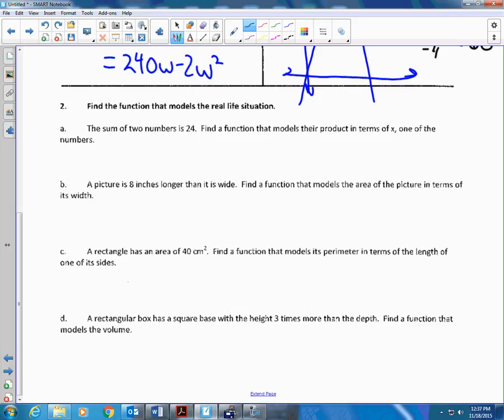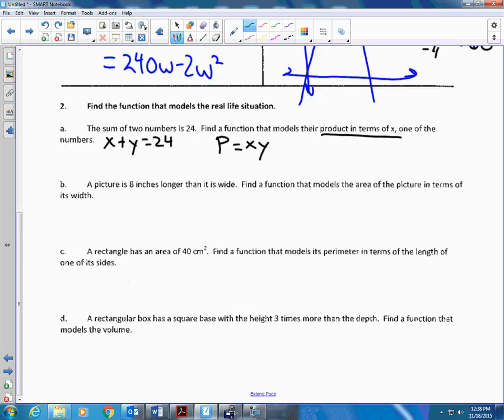The sum of 2 numbers is 24. Can you give me an expression for that? X plus Y is 24. Good. It says find a function that models their product in terms of X, one of the numbers. So product would be X times Y. Now, we don't want a function that deals with two variables.